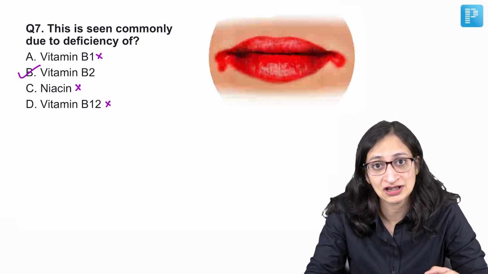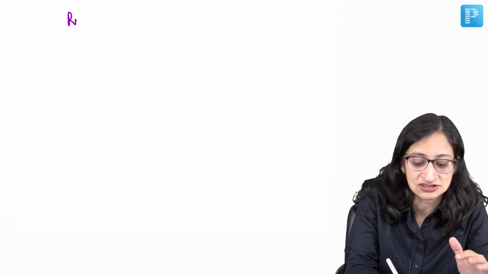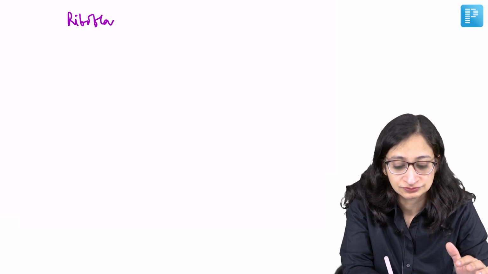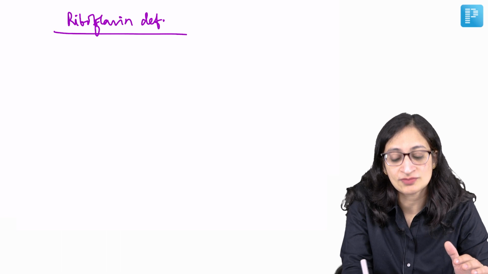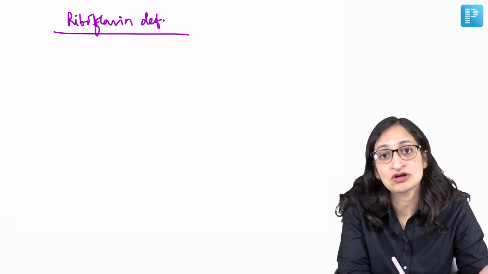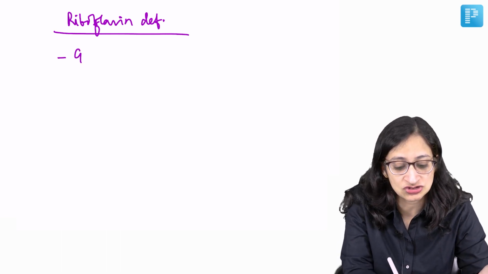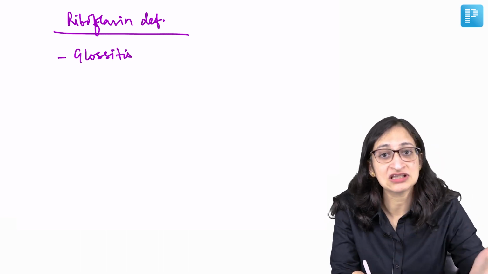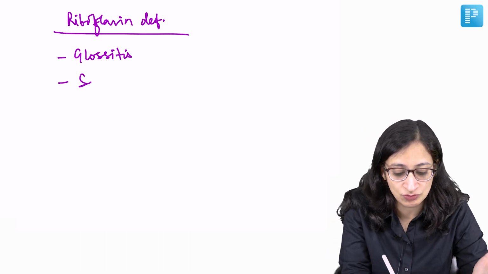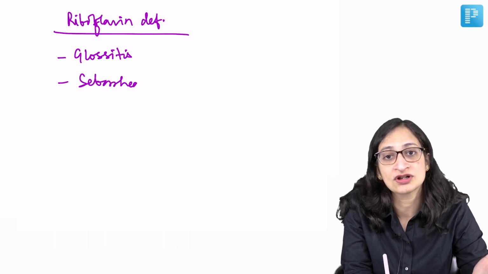as well as anemia, the macrocytic megaloblastic anemia. Riboflavin deficiency also gives rise to some other features. Apart from angular cheilitis or stomatitis, it gives rise to glossitis or a smooth, red, beefy tongue. You can have some seborrheic dermatitis.